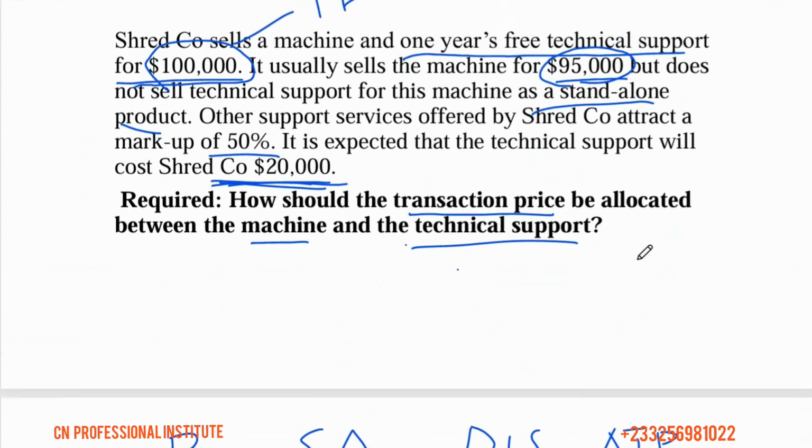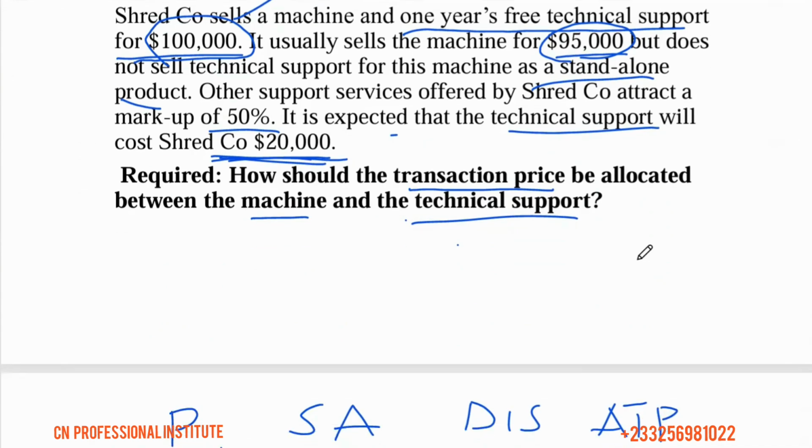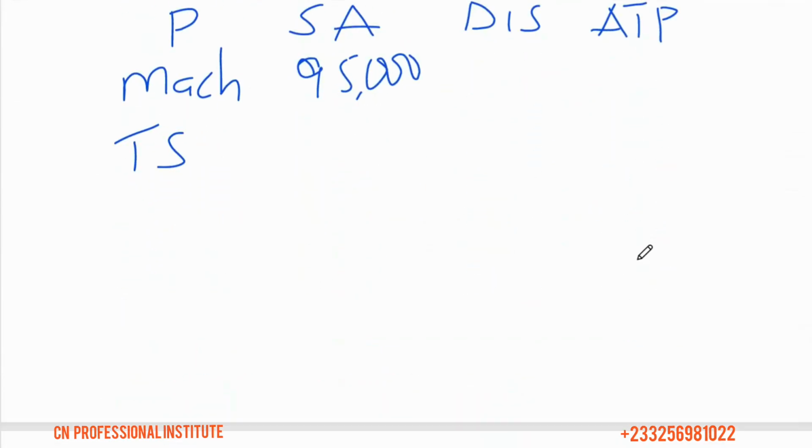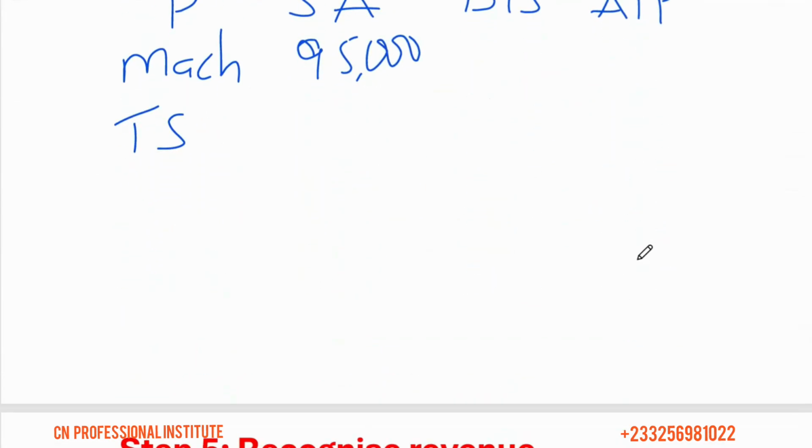The technical support, we were told that it's expected to cost Shred 20,000. But the 20,000 is not the standalone selling price for technical support. It is the cost, so you have to convert the cost to selling price. As you know, selling price is equal to cost price plus profit.